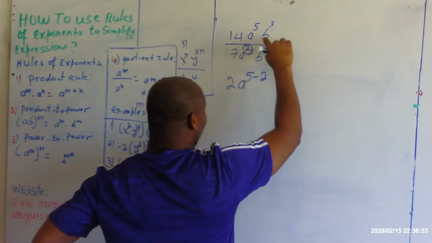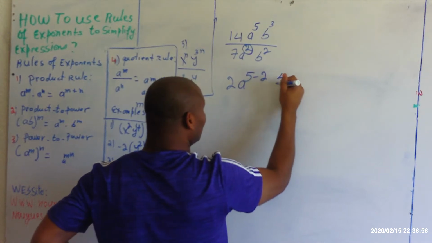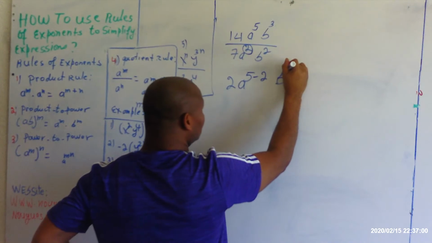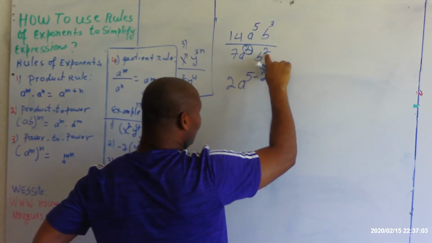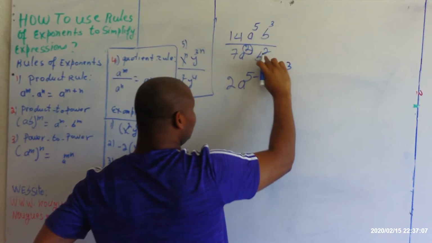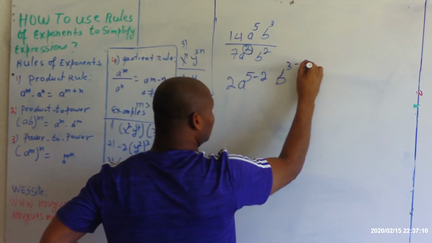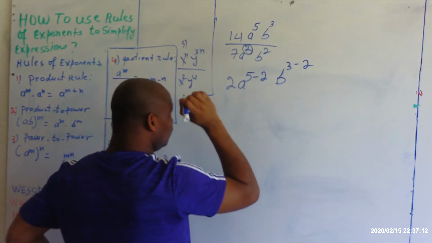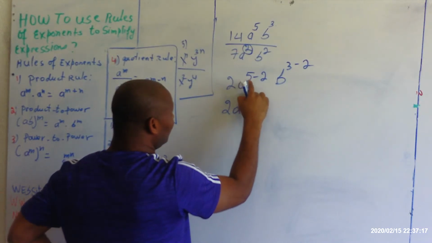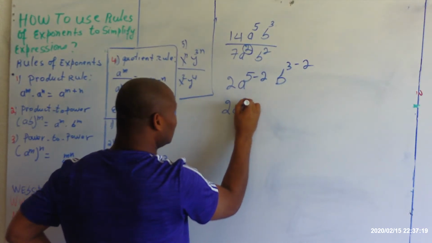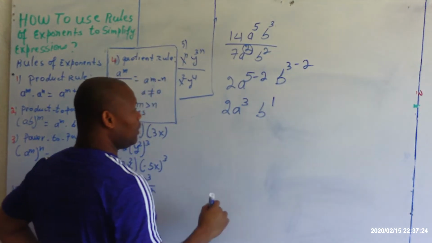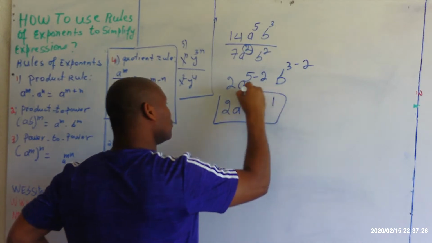Okay, so we have the b right here, b to the 3. The same thing. So 2 is going to go up. See, 2 is going to leave and going up is going to be negative 2. So now look at what we're going to have. We're going to have 2a to the 5 minus 2, that's 3, and b to the 3 minus 2, that's 1. Perfect. That's your answer.